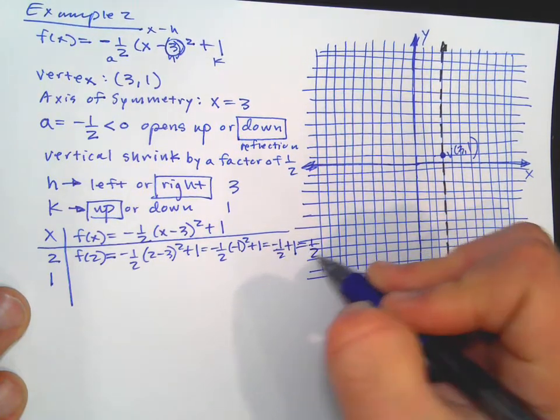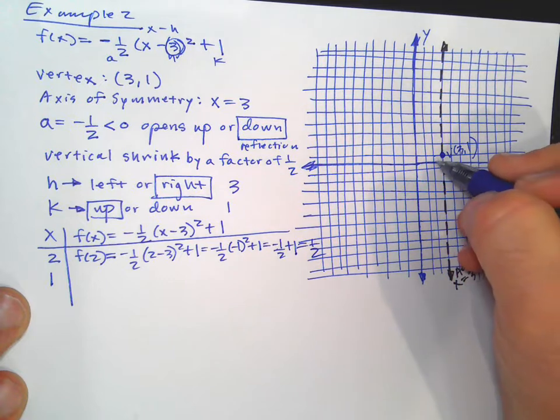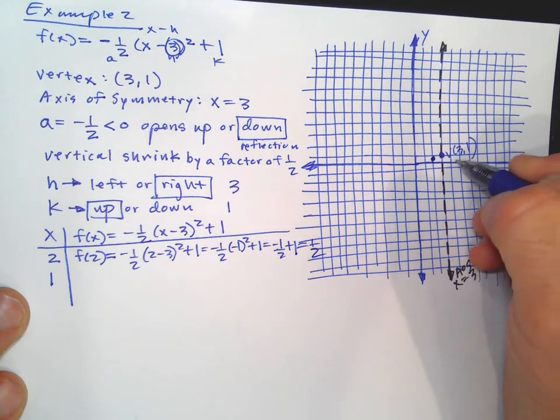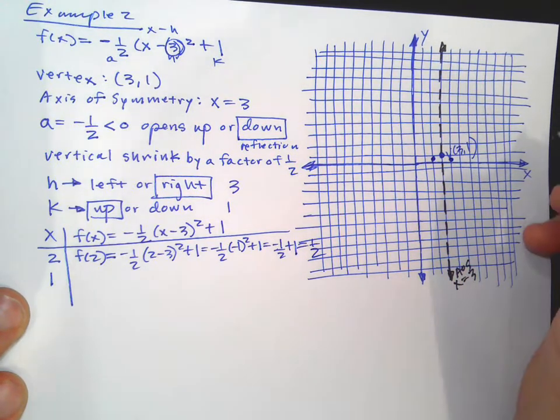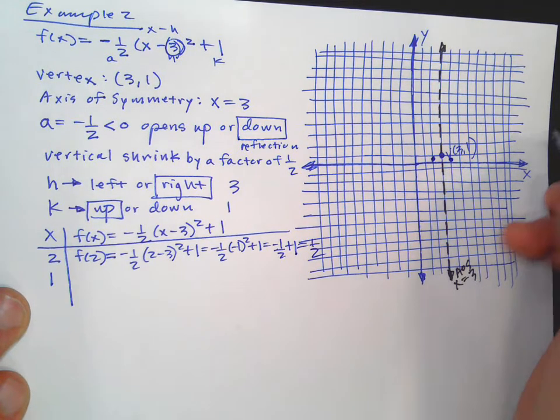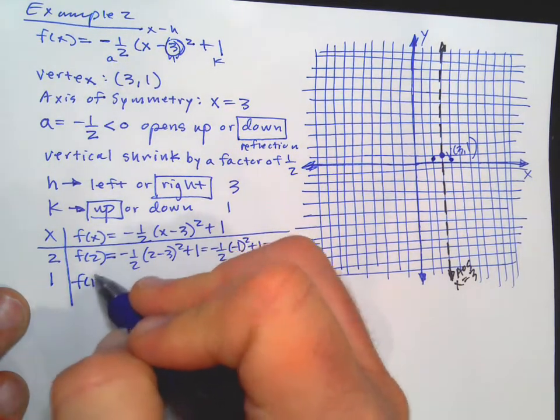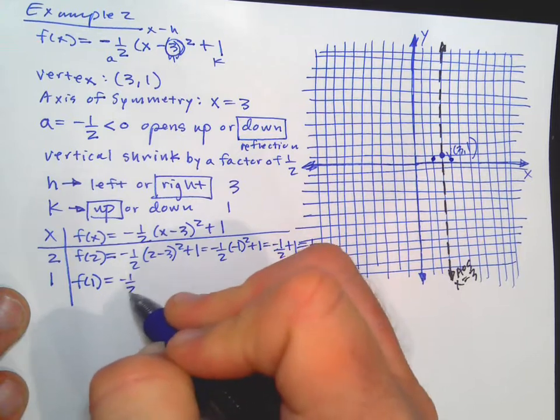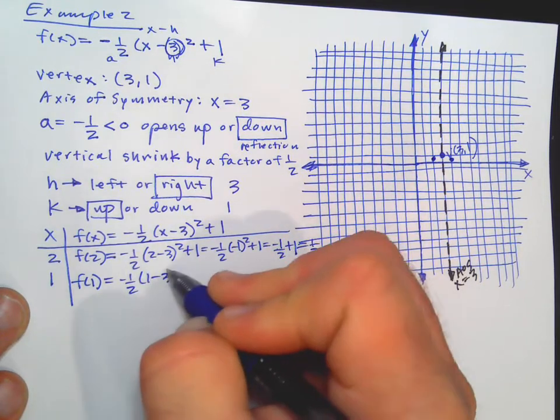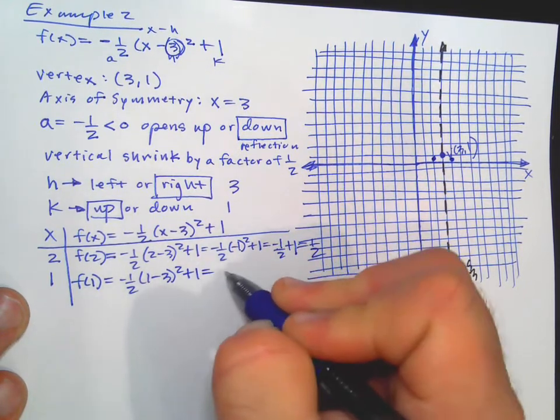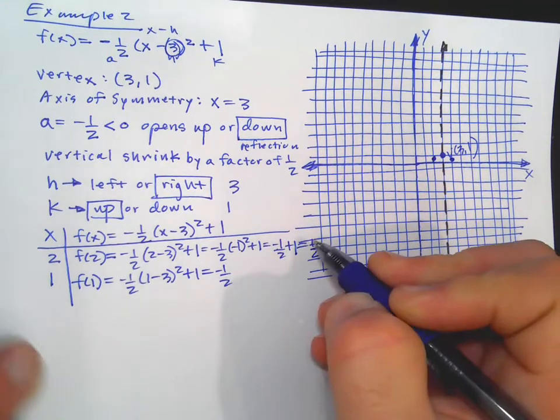So it's going to be -1/2. So if I go to 1/2, it's going to be right here, like 1/2 of a square, and then there's a mirror point on the other side. 1's going to work out a little nicer, a little prettier. And if you're thoughtful enough, you can pick points that come out nicer.